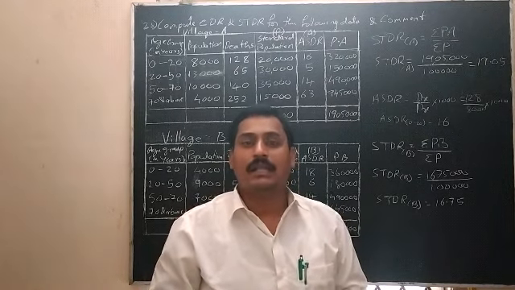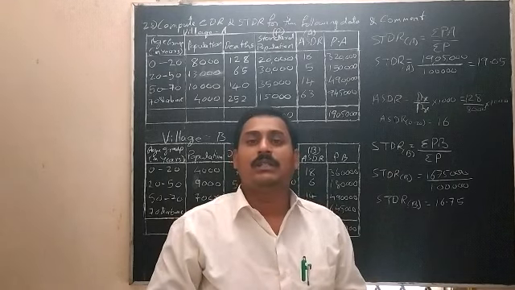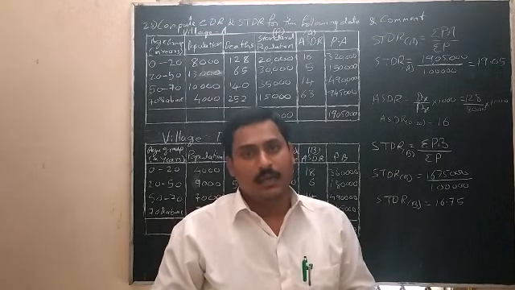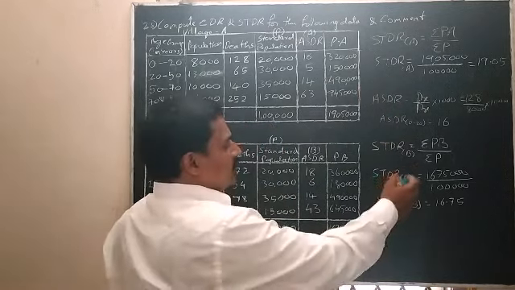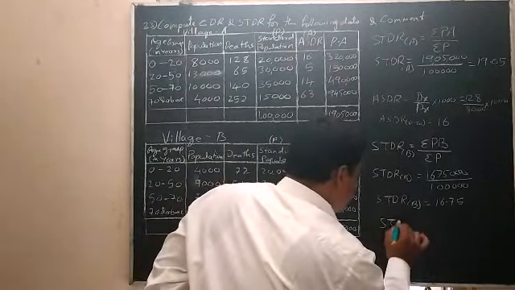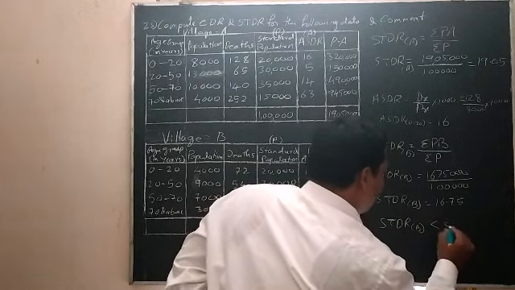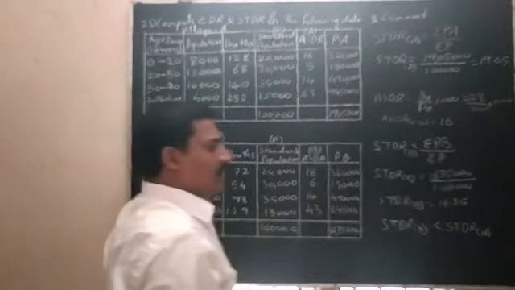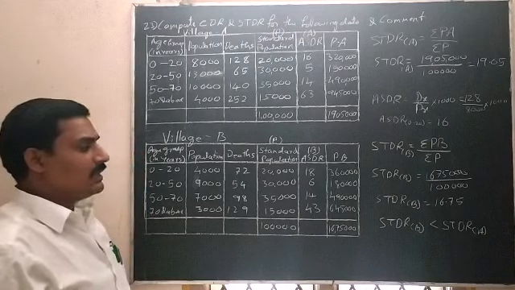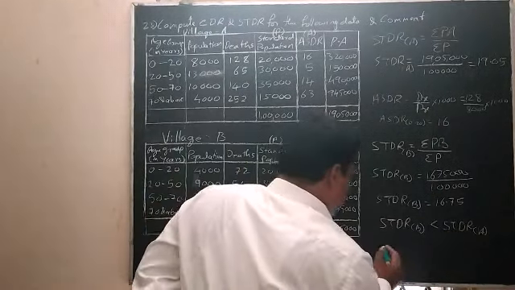Obviously where the death rate is less, that location is considered healthier. STDR of location B is less than STDR of location A. That is standardization.